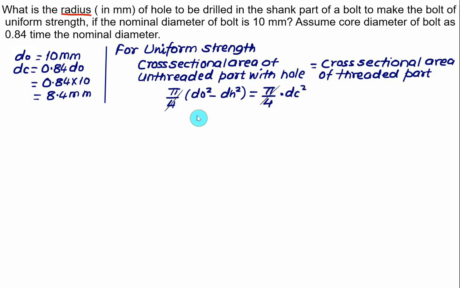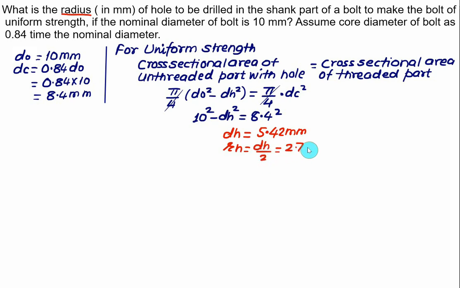We have Do equal to 10 square, hole diameter to find out, and core diameter equal to 8.4 square. The diameter of the hole required will be Dh close to 5.42 mm. But remember, we are not interested in the diameter, rather we are interested in the radius. So Rh will be equal to Dh divided by 2. 5.42 divided by 2 is 2.71 mm.